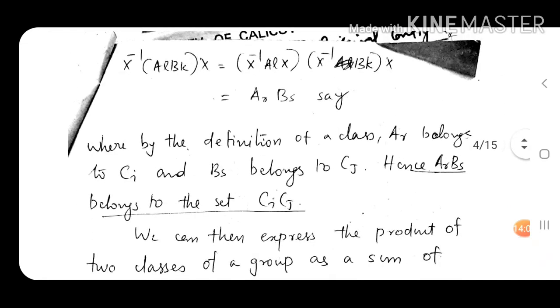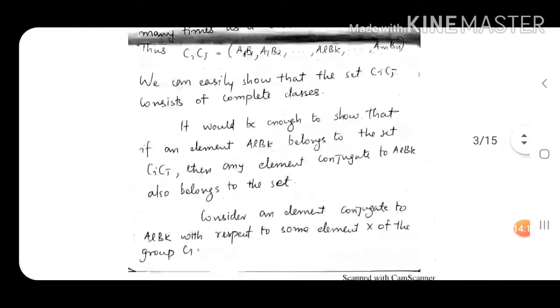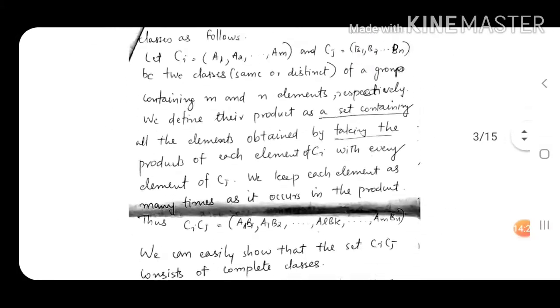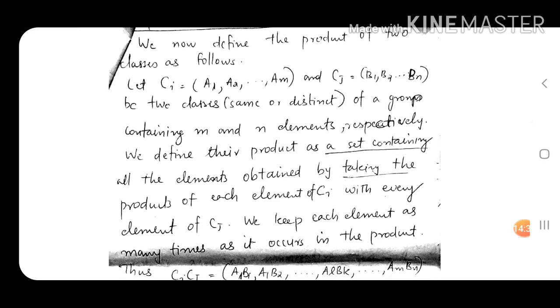Now by the definition of a class, Ci is a class, so all elements in Ci are conjugate to each other.